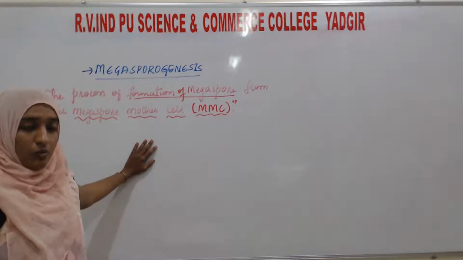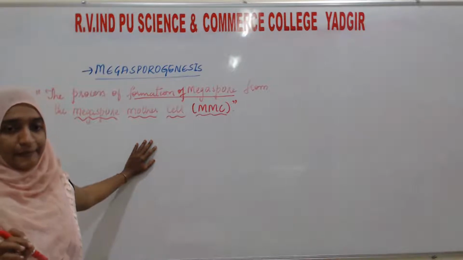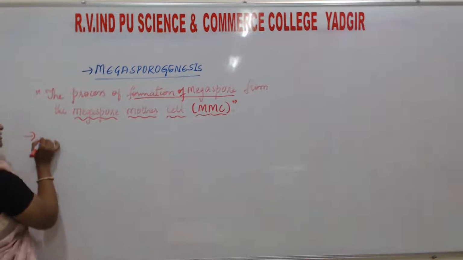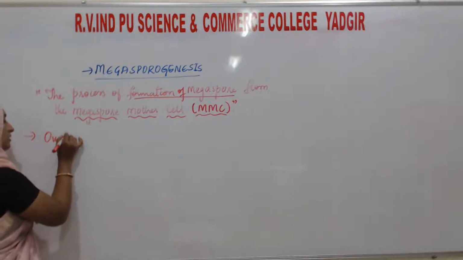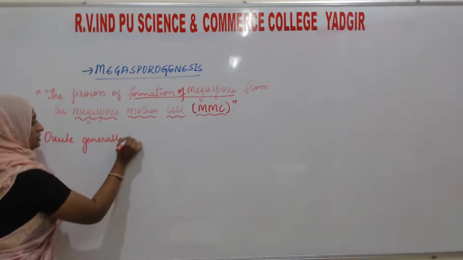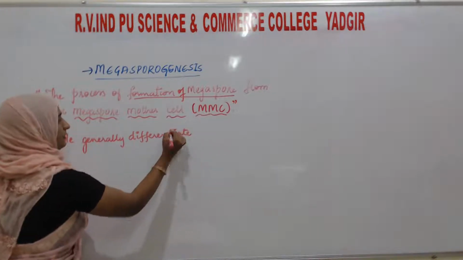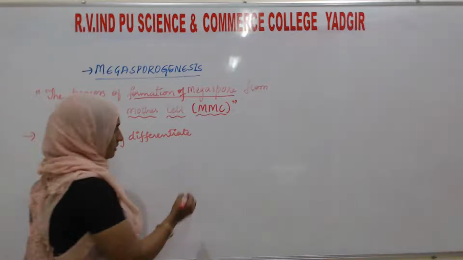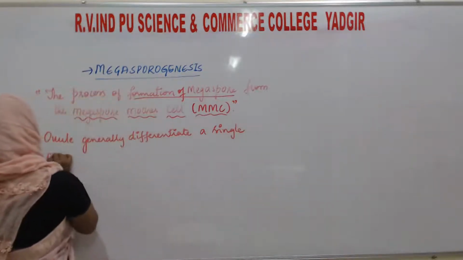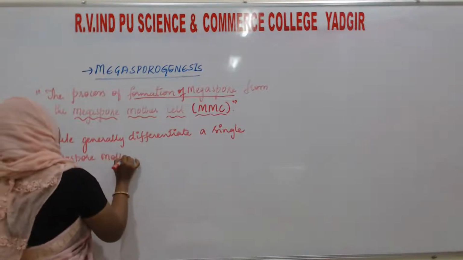One ovule generally differentiates a single megaspore mother cell.